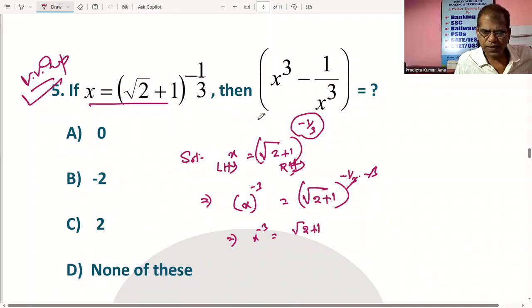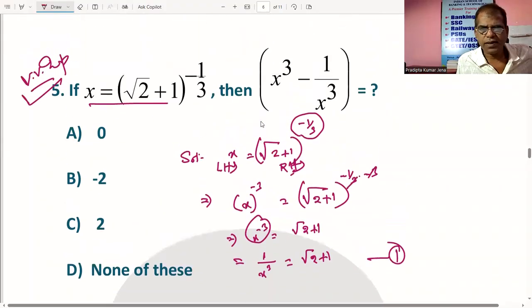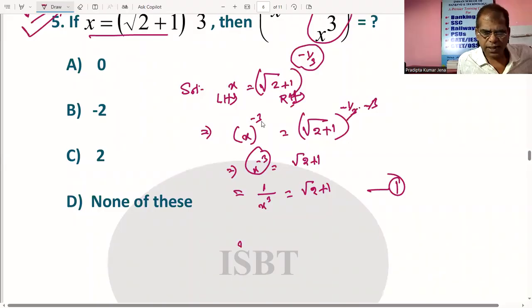Okay, so what will be the value? We can write x to the power minus 3 as 1 by x to the power 3 is equal to root 2 plus 1. Okay, this is equation 1. Now we have got 1 by x to the power 3. So x to the power 3 is its reverse, that is equal to 1 by root 2 plus 1.